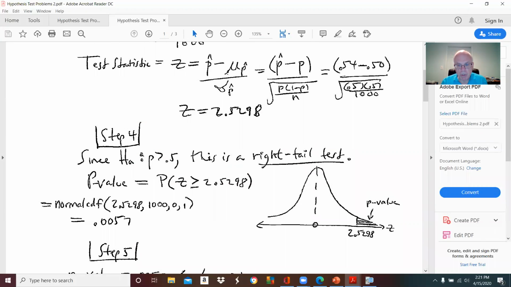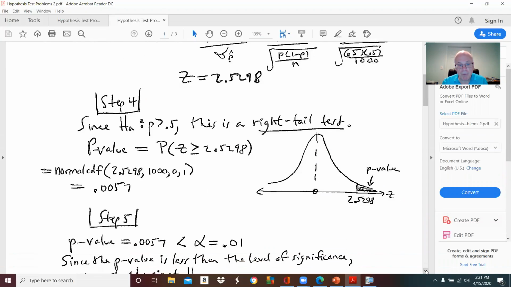Since it's a one tail test, this whole area is going to be our p-value. We're going to use normal CDF, and since it's greater than, it's going to be 2.5298 lower boundary, 1,000 upper boundary, 0,1 mean and standard deviation for standard normal. We get 0.0057 as our p-value.